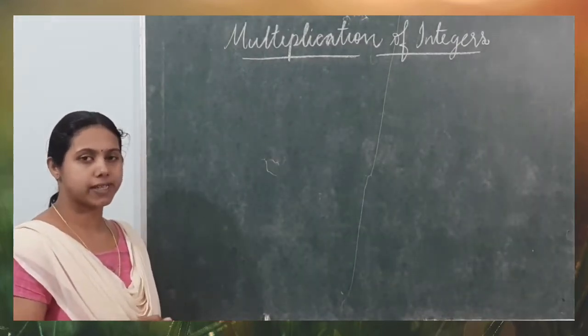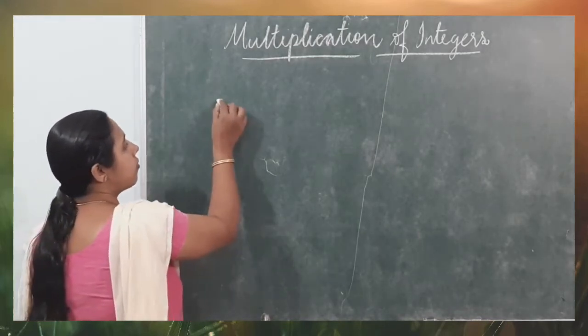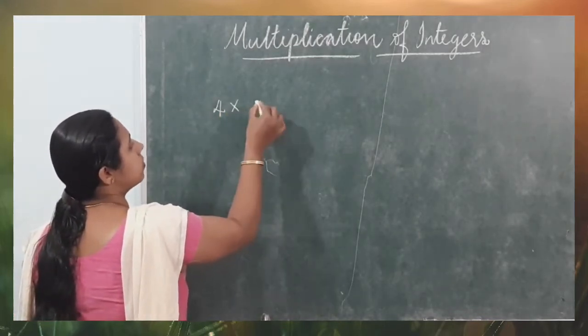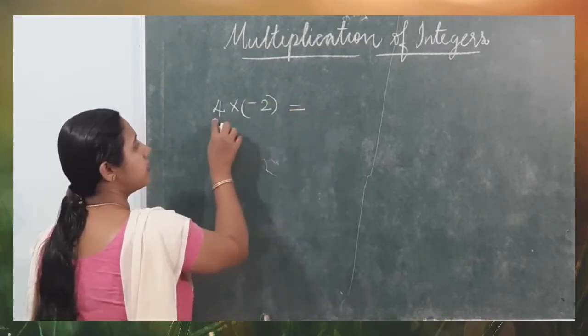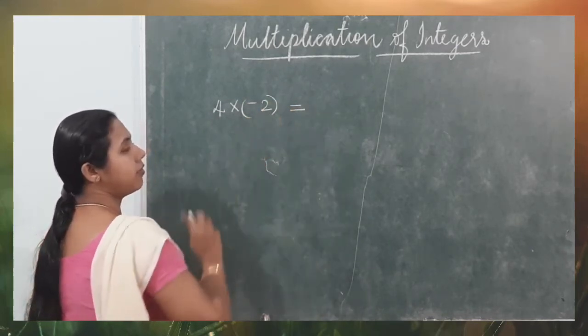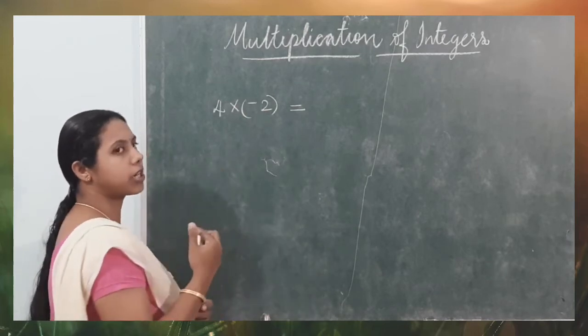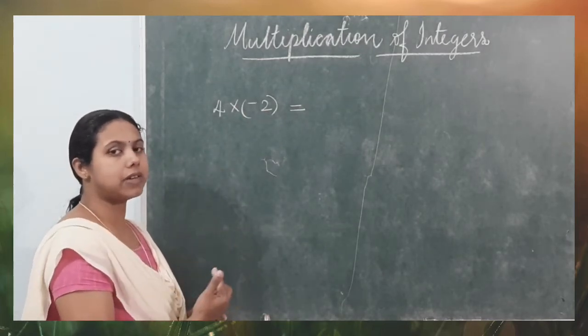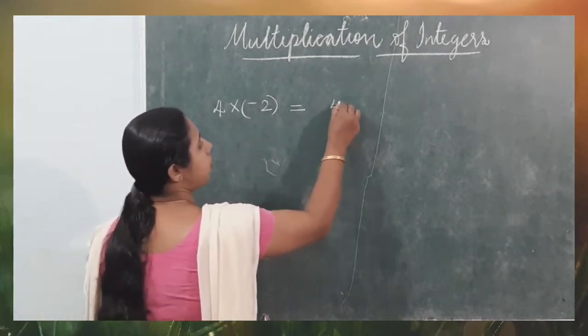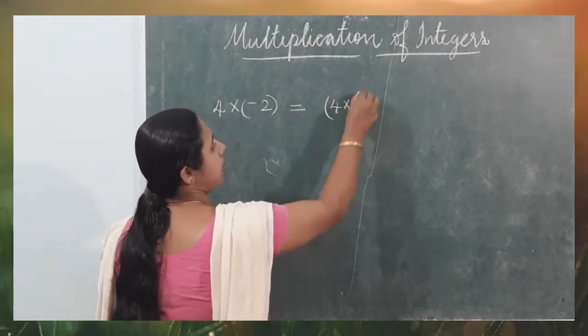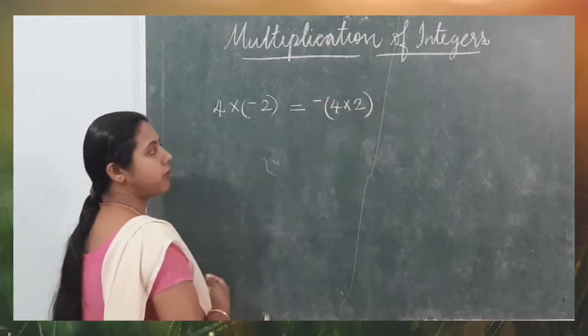Let us see a few more examples. 4 into minus 2. A positive integer into a negative integer. We know that the product of a positive integer and a negative integer is always a negative integer. So, 4 into 2, put a negative sign before the product.